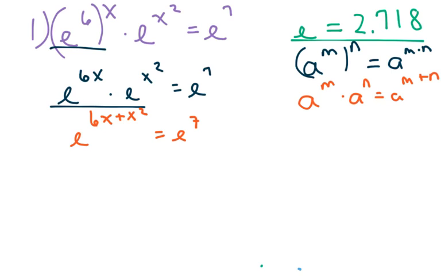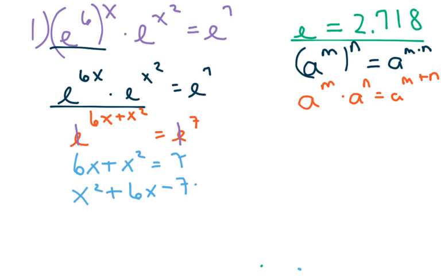Now, since we've already gone over in class that when our bases are the same, we can disregard them, except if we want to check our work. And now we have a quadratic equation here. So this is 6x plus x squared equals 7. And I'm going to rewrite this as x squared plus 6x and move the 7 over.